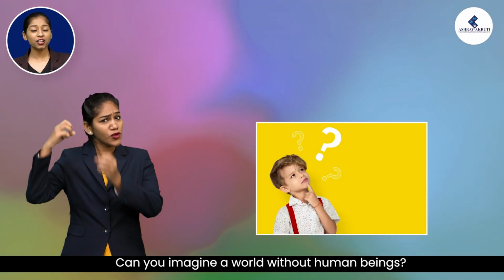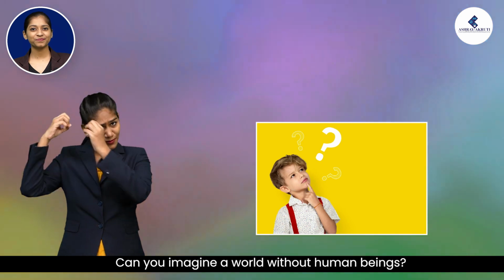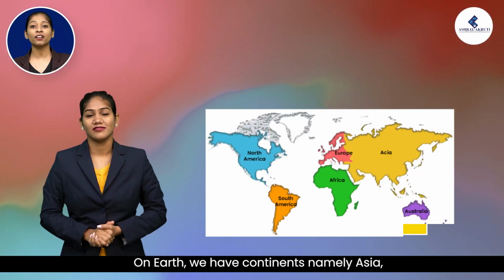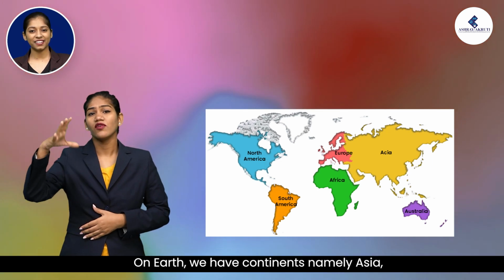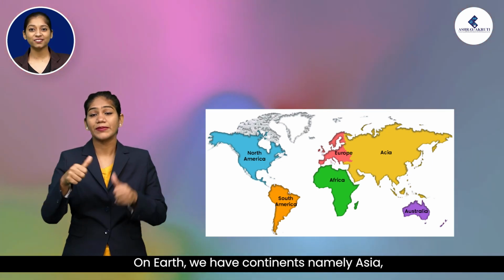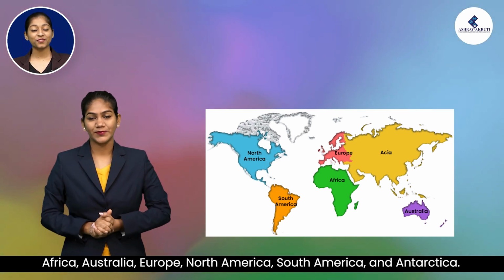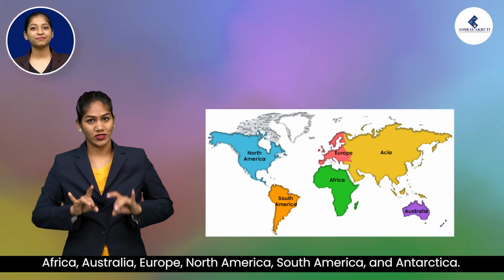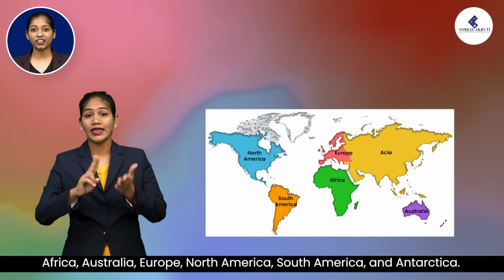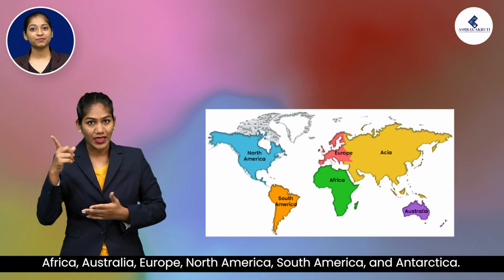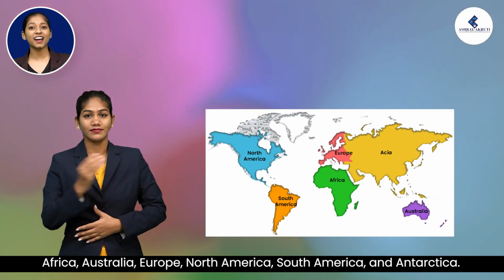Can you imagine a world without human beings? On Earth, we have continents, namely Asia, Africa, Australia, Europe, North America, South America, and Antarctica.